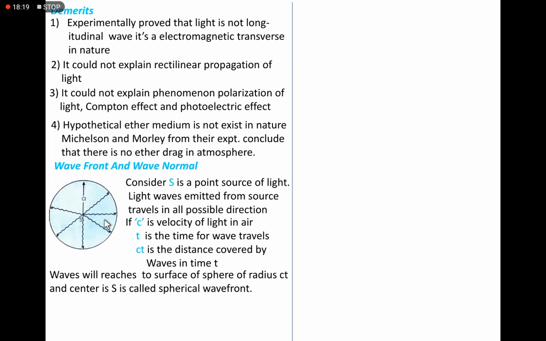If for time t the waves travel, ct, the product of the velocity and the time for which the waves travel, gives us the distance. With ct as the distance and S, the source of light, as the center, if we trace a sphere, we get a spherical wavefront.